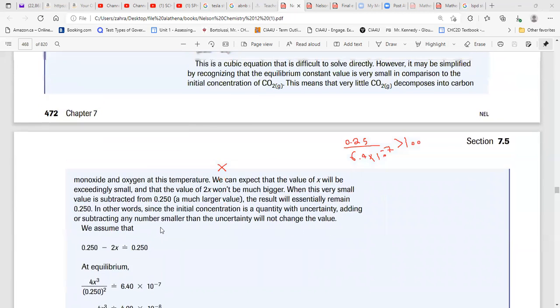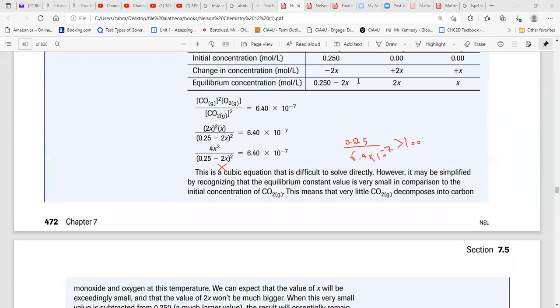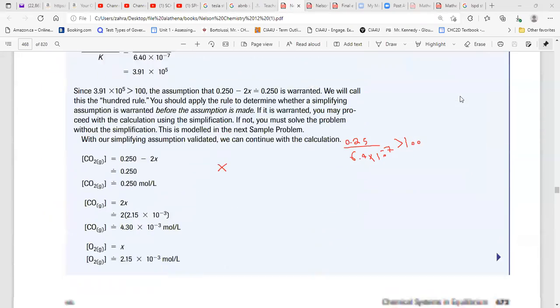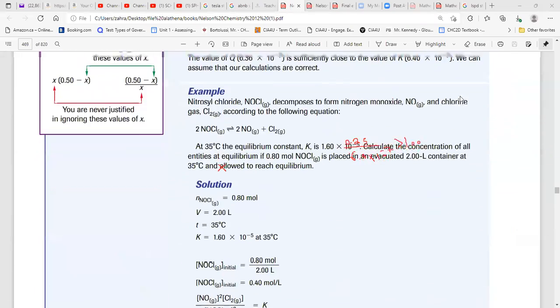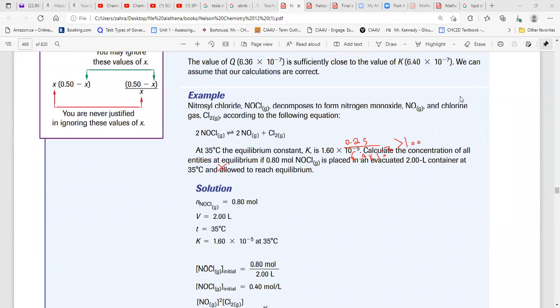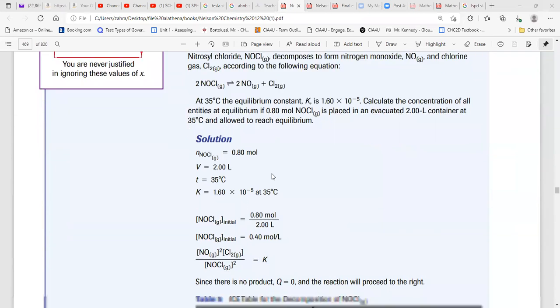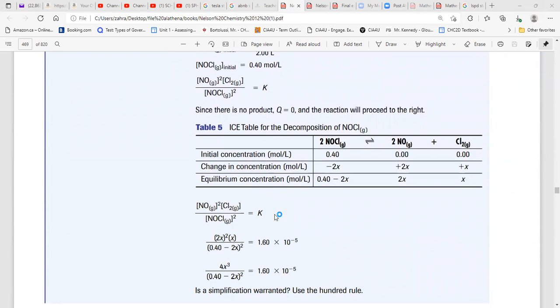Then when we find x, you can put it back to find the concentration of each entity at equilibrium. At the end, you can check your answer as well. So let me erase this. Here is another example. I believe this example, guys, you can do it.